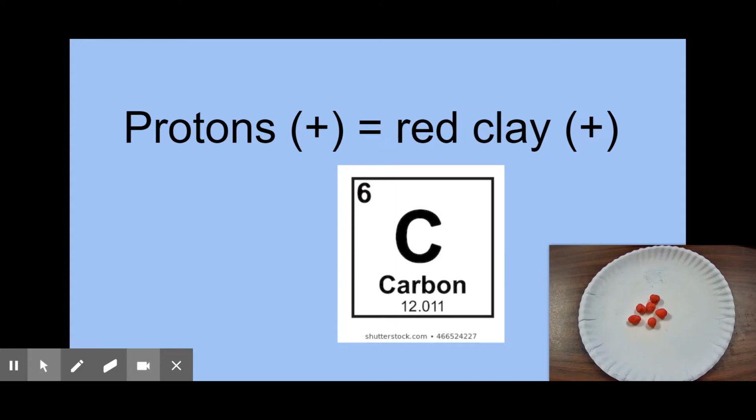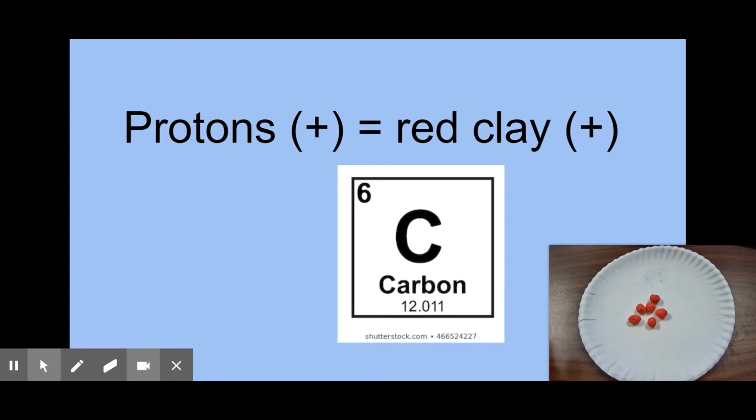And I would like to ask you now, what is the charge of the atom? Well, 6. 6 what? 6 protons means 6 positive charges. 1, 2, 3, 4, 5, 6 positive charges.